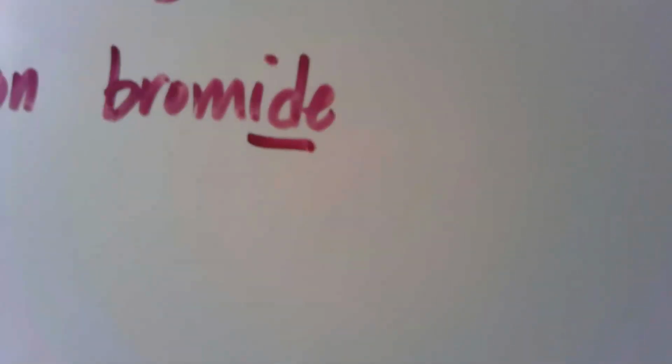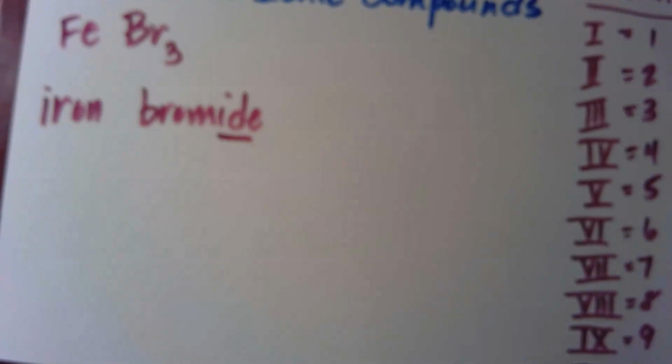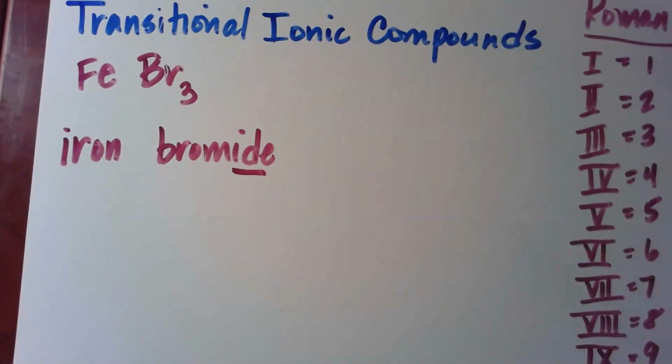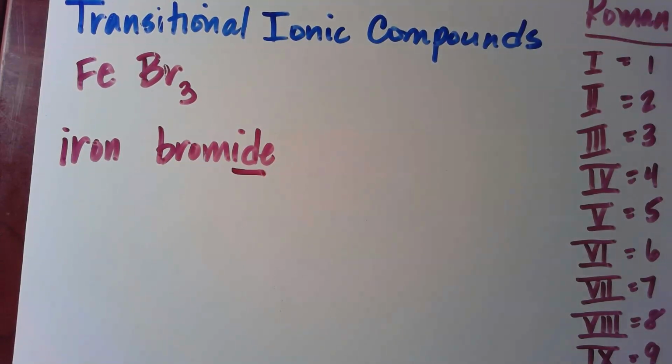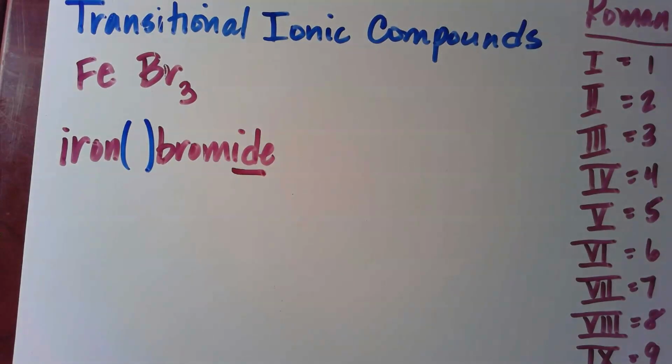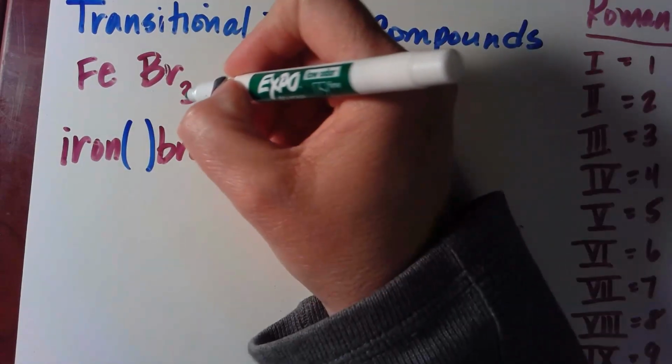So with that being said, if we look at iron in our little compound here, it says FeBr3. So in parentheses, we need to have our Roman numeral, our charge. So if we do this, remember, where did this 3 come from?